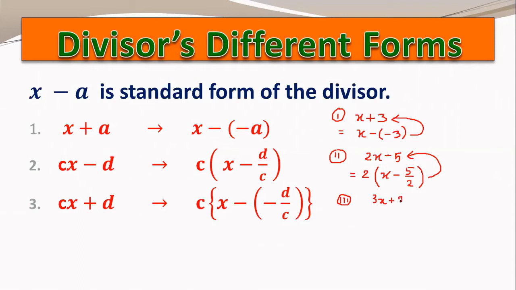It is very similar to cx plus d. Two things we have to do here. The first is to make the coefficient of x 1. The second is to bring a minus between the 3x and 2. So first, let's make the coefficient of x 1.